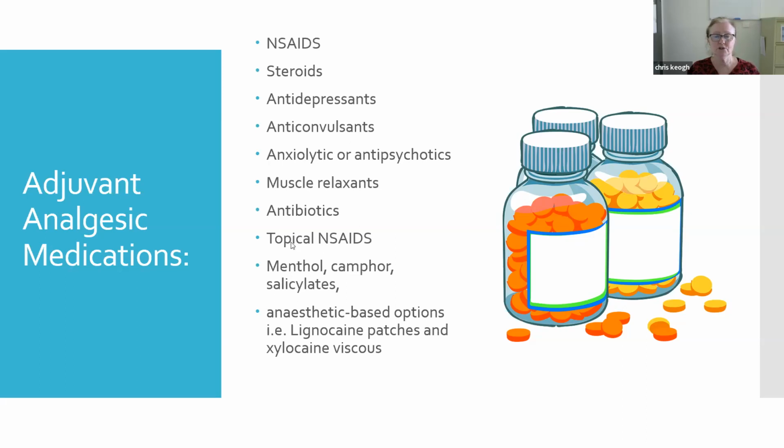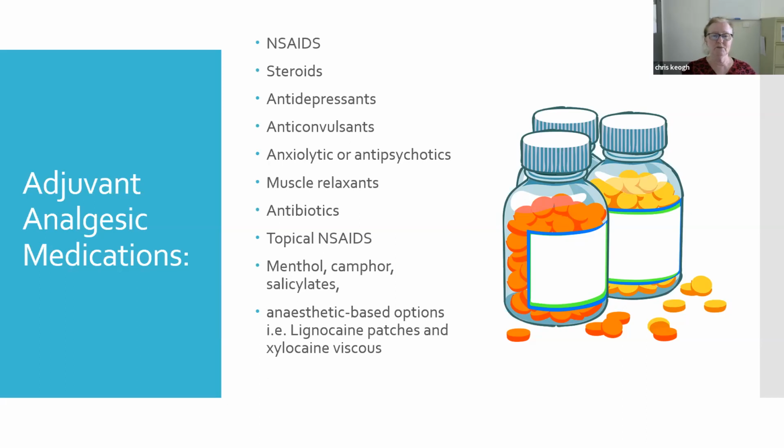Topical non-steroidal anti-inflammatory drugs such as Voltaren gels or Nurofen gels can work quite well to a particular site, and some people, as they get older, really like the topical non-steroidal anti-inflammatories. And then you can just have menthol and camphor and salicylate, some of the more basic type pain relief that we used probably in the past, that works quite well.